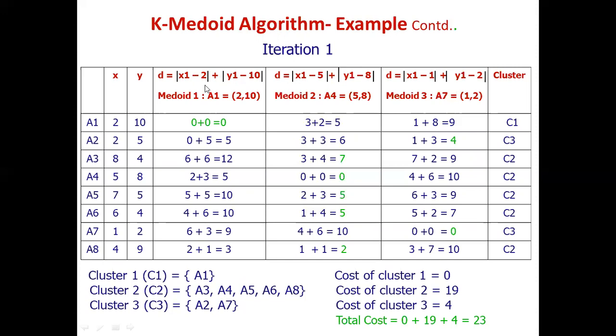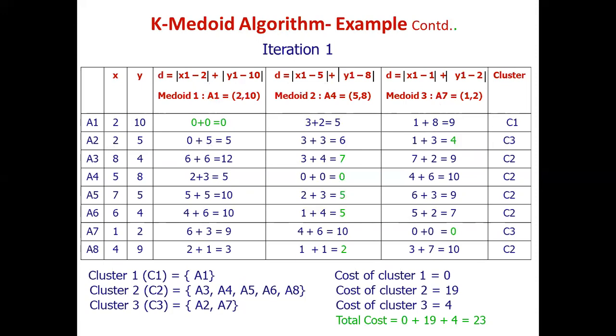For example, consider the data object A2, that is (2, 5). The distance from (2, 5) to the medoid A1 is 5, to the second medoid is 6, and to the third medoid is 4. Among these three distances, 4 is minimum. So (2, 5) is placed in cluster 3.